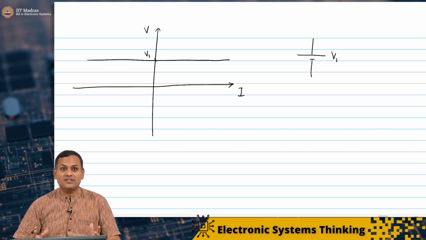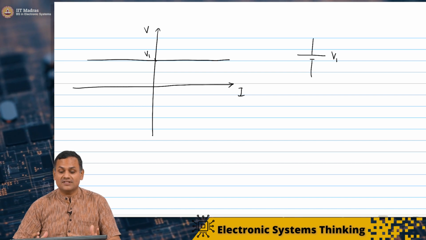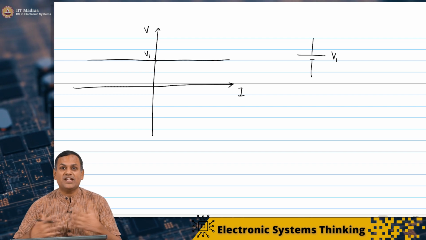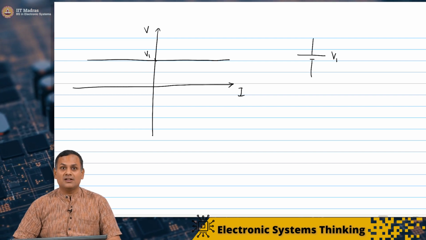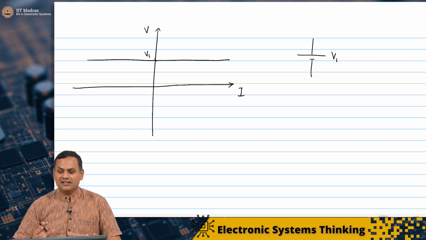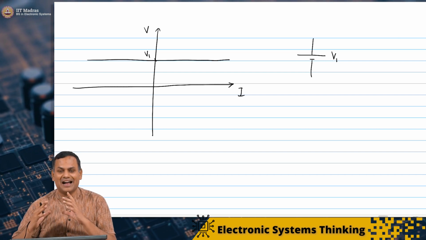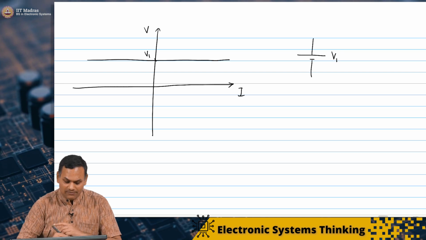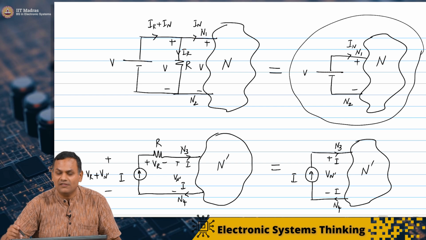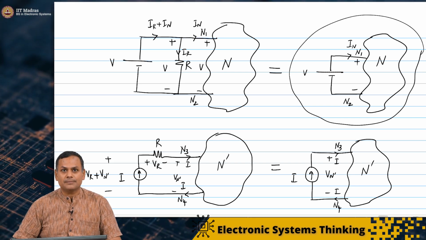The ideal voltage source can actually supply any current that is required without changing its voltage, as long as the voltage applied to the network n stays the same, the state of network n will look the same.